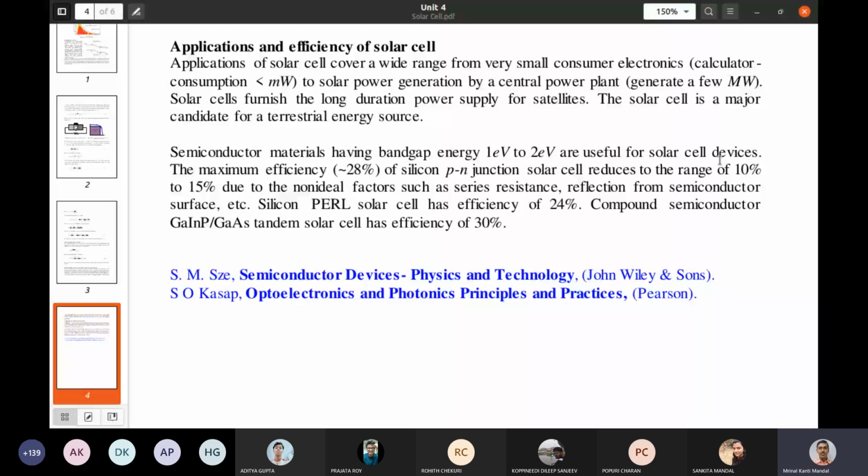By connecting them in series as well as parallel combination, adequate voltage and current can be generated for practical application.